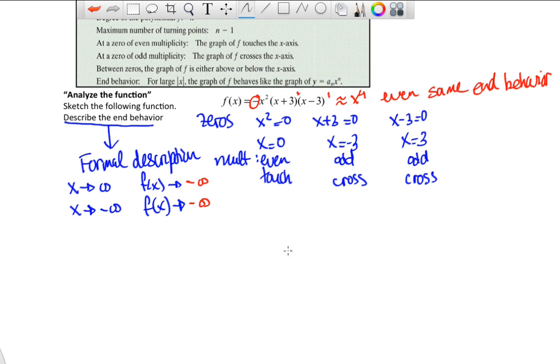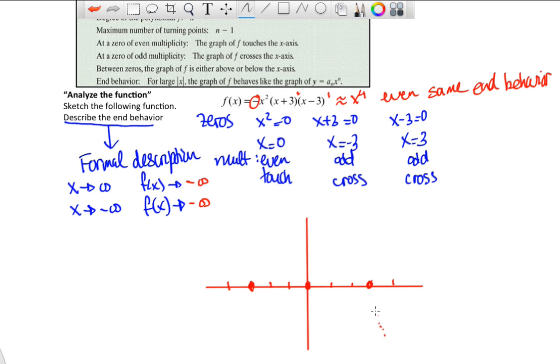So there's a formal description of the end behavior, and that gives me enough information to sort of graph this. So this particular function has a couple of zeros. A 0 here, it touches, and then at a negative 3 it has a 0, and at a positive 3 it has a 0. And then what does it do?